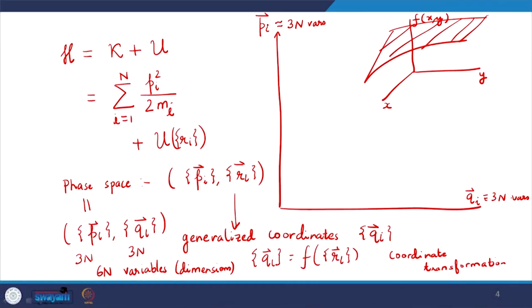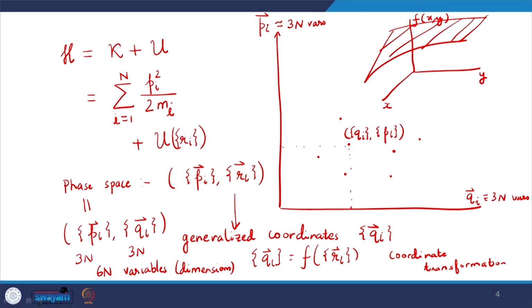Nonetheless, any point on this particular plot would correspond to a particular value of the momenta and the coordinates, right.